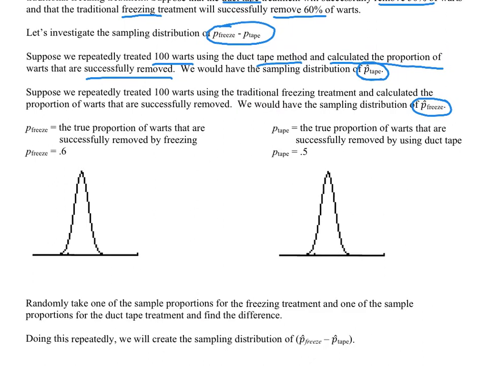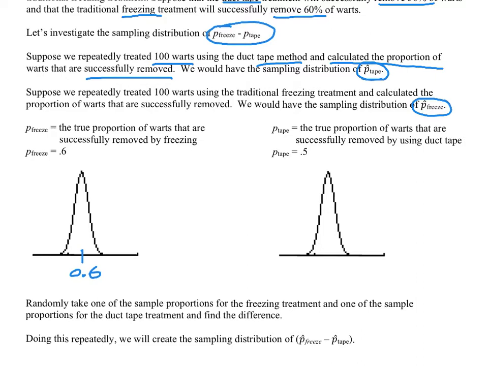We know that the true proportion of warts that are removed by freezing is 0.6. So we know that this sampling distribution will be centered at 0.6.